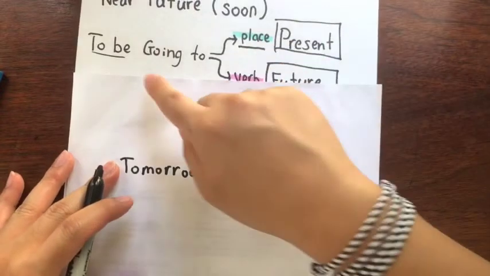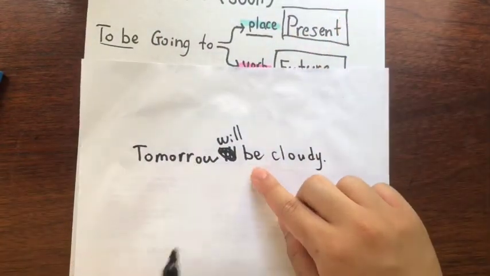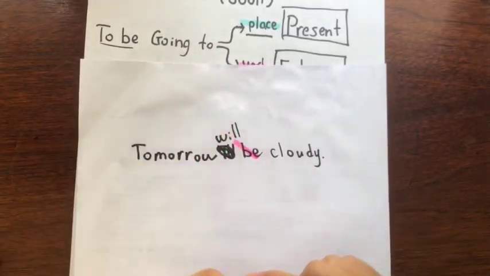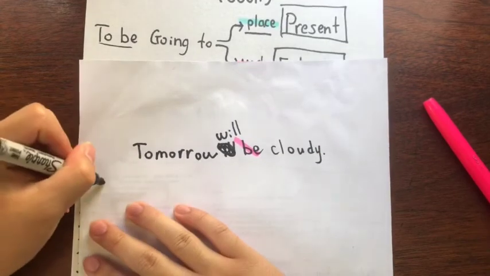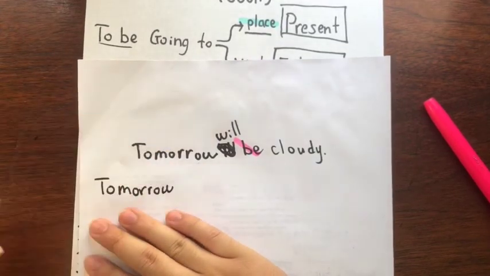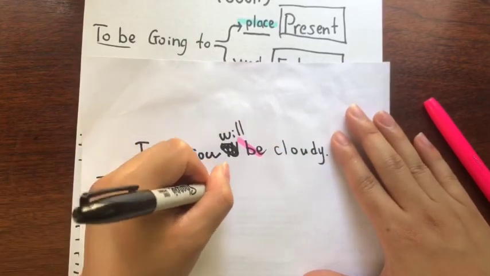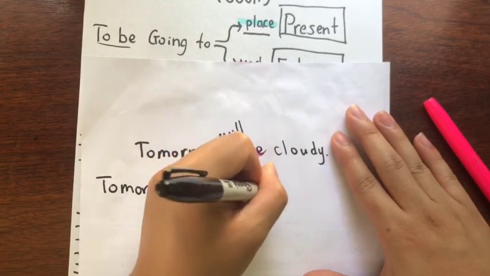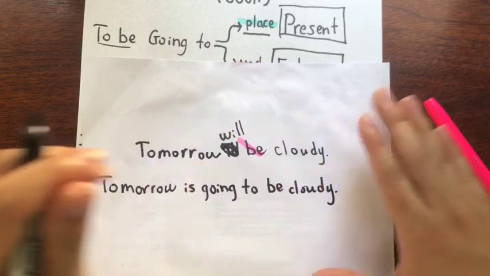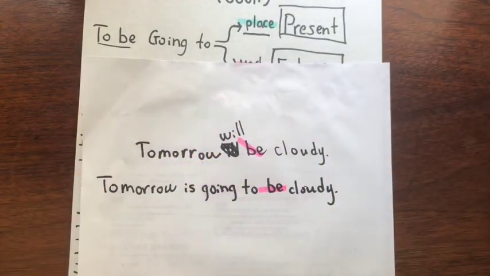Well, we can also use to be going to, because we have the verb here, be. So we can say, tomorrow is going to be cloudy.